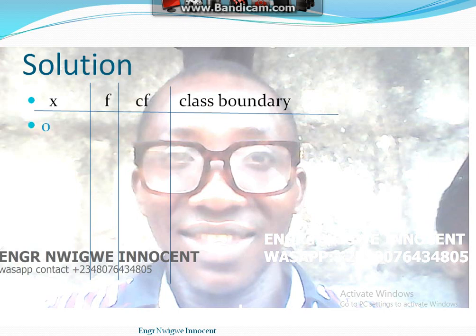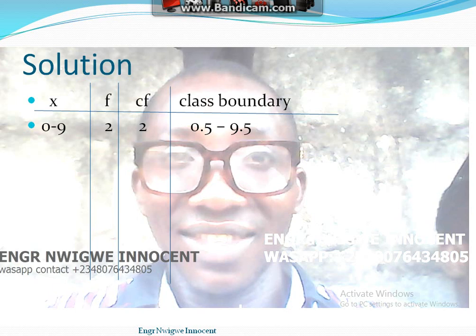When the mark is from 0 to 9, the frequency is 2. The cumulative frequency is 2. The class boundary is 0.5 to 9.5.